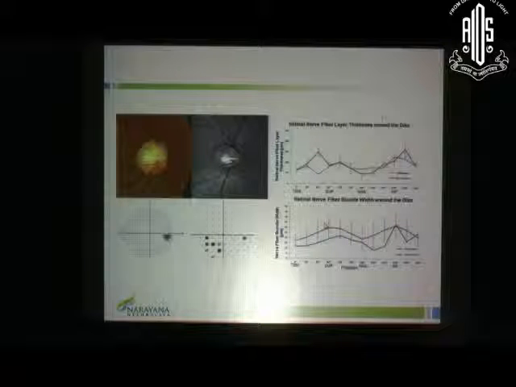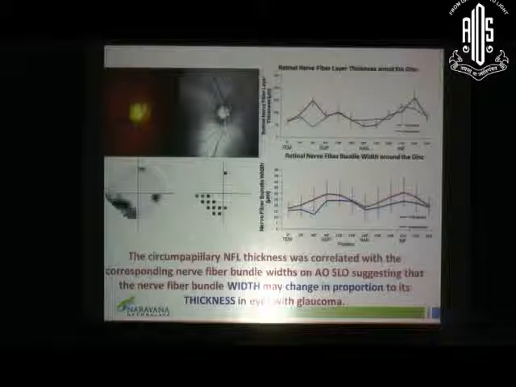Now, the same nerve fiber bundle width was then taken around the disc, and we see that there would be a peak there, and there is a stunting of this in the supratemporal. There is a reduction. So they were able to correlate the nerve fiber thickness as well as the width, and so along with the thickness, there is a comparable decrease in the width of the nerve fiber bundle also.